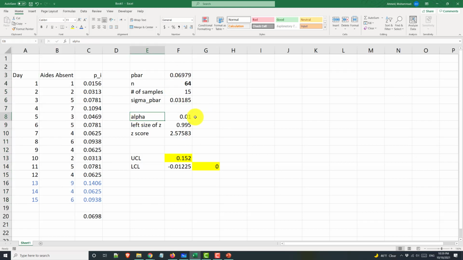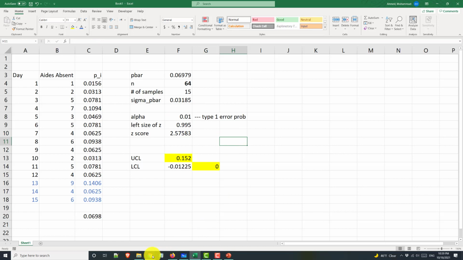And then they give you the type 1 error probability, which is your alpha, and then you can convert it to a z-score by first finding the area to the left of the z-score, because you're going to put half of alpha to the right of the z-score, so the rest of the area would go to the left of the z-value, and then you convert it to a z-value using this function.